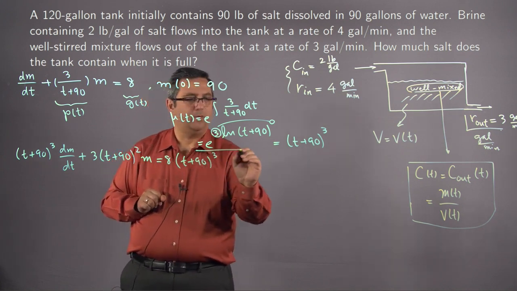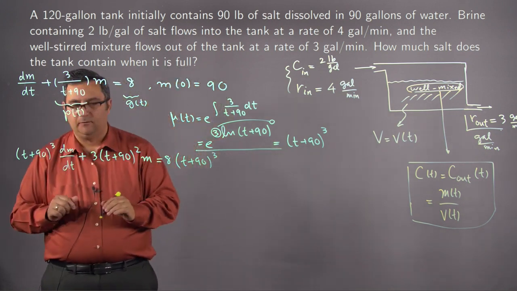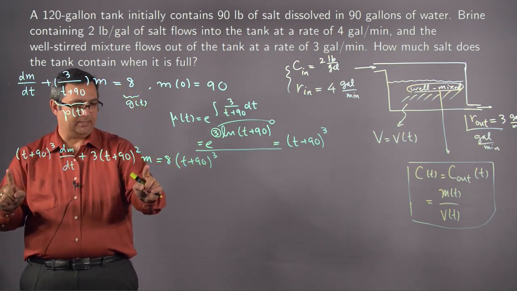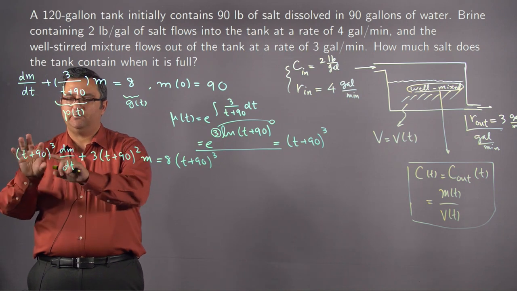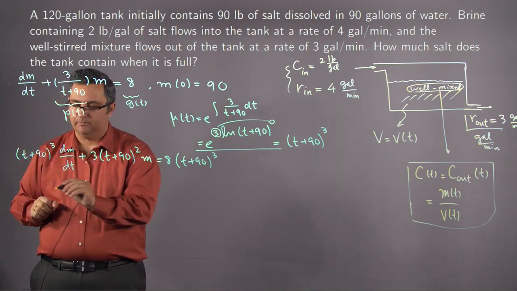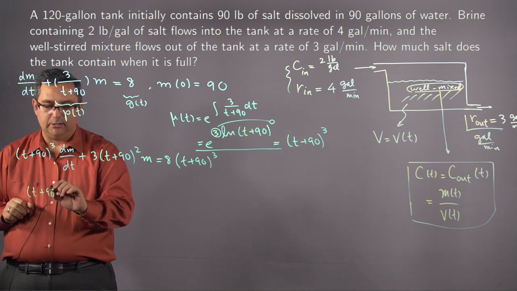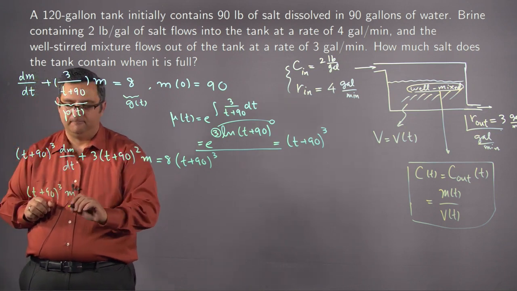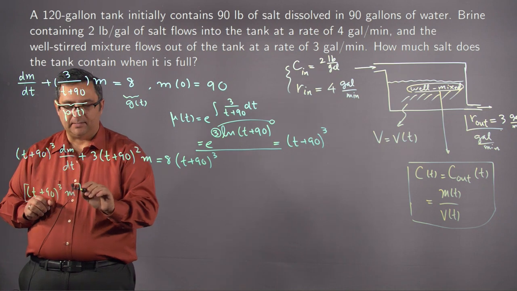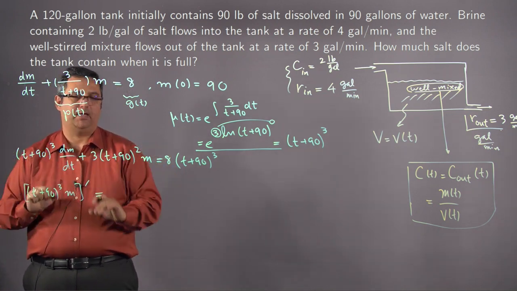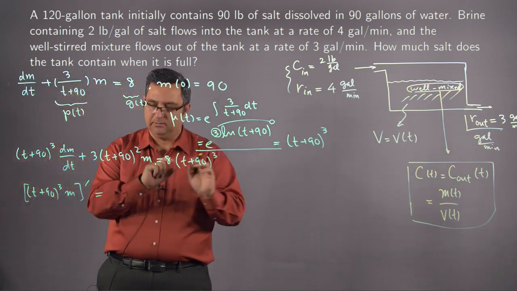So what we have now is, the role of the integrating factor once again, the left-hand side becomes the derivative of the integrating factor times m. So this means t plus 90 cubed times m, the derivative of that, which is precisely the left-hand side by the product rule, is this function.